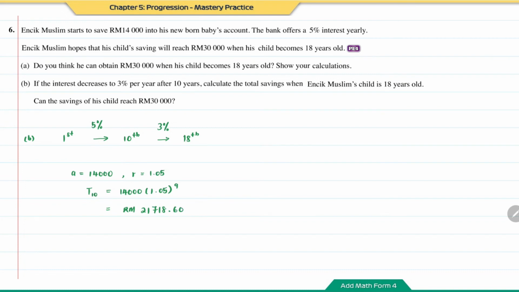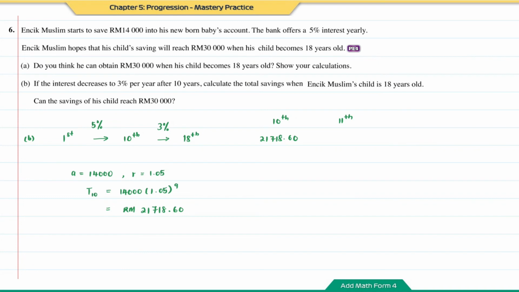So after 10 years now, the interest rate decreases to 3% yearly. So now, here in the 10th year, the amount of money is 21,718.60. And as for the 11th year, this amount will be given a 3% interest.